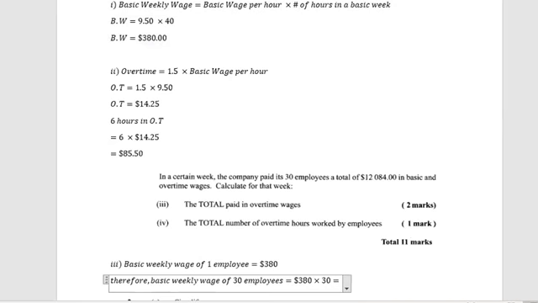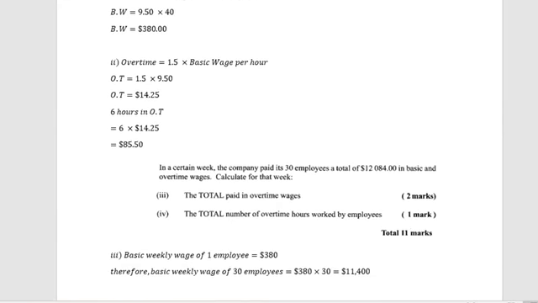And when you do that, what you will get is 11,400. So I'm assuming that we have 30 employees and they all worked 40 hours per week. What we're saying is that the basic wage would have been 11,400 if none of our employees had worked overtime. However, the question said 30 employees and somehow they had also paid overtime amount.